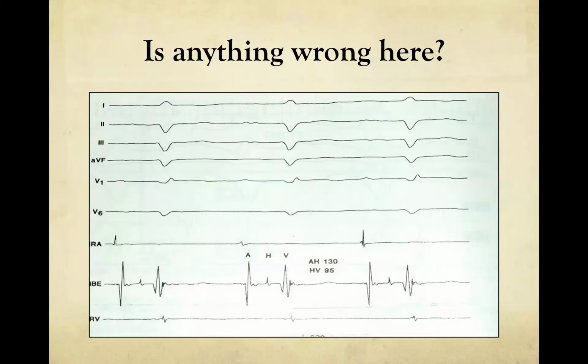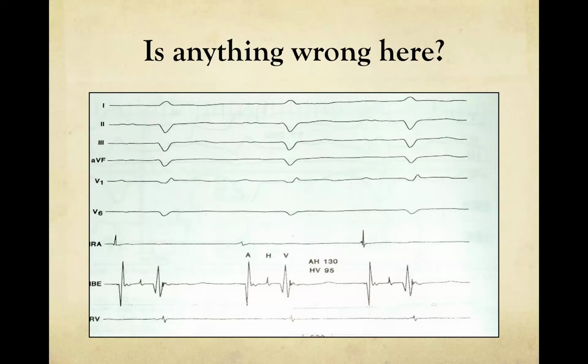But in normal clinical practice, we cannot record AV nodal signals. We can record the low or the high right atrium near the AV node, and we can record the His bundle electrogram, but we cannot record the AV node. So we infer AV nodal conduction by measuring the A to H interval, and we infer infrahisian conduction by measuring the H to V interval.